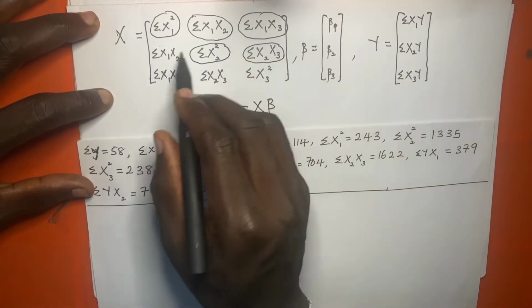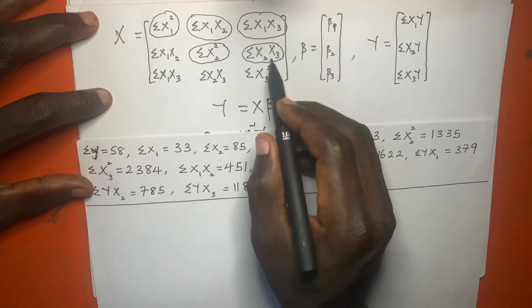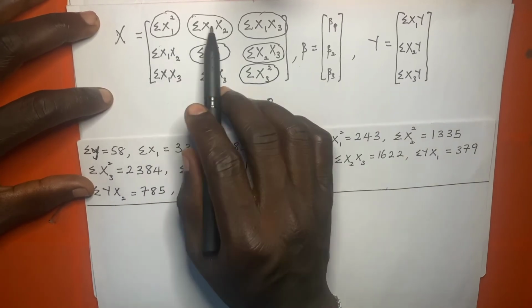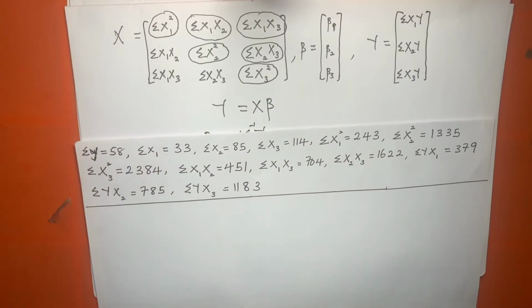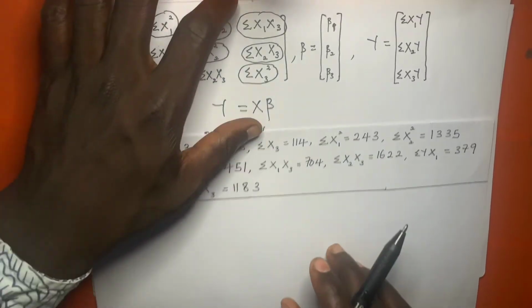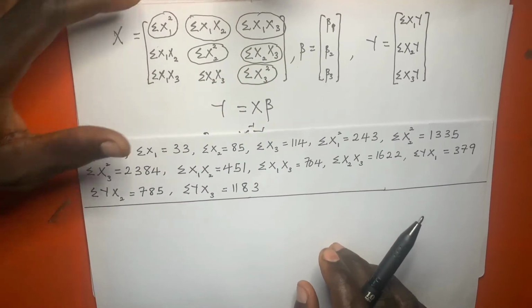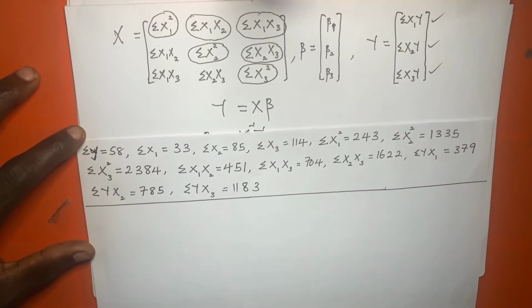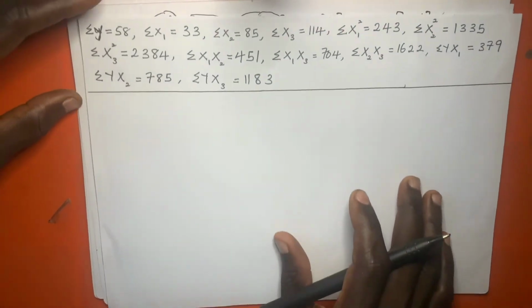S1 x2 already existed here, and S1 x3 already existed here, and x2 x3 already existed, so we need x3 squared. That is 1, 2, 3, 4, 5, 6. So we needed to calculate 6 summations here in order to get exactly what we need in these matrices. Then we needed all of these, plus this, that is 9. So let's begin with summation x1 squared.